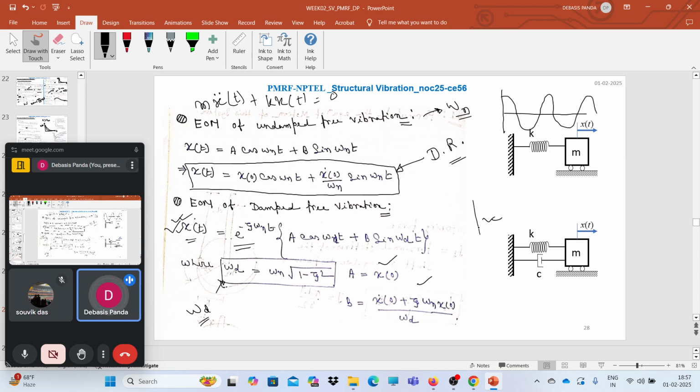For the damped case or the underdamped case, if we provide some initial displacement and leave it to vibrate, what will happen? Depending on the damping ratio, the amplitude will diminish over time. T versus x of t.